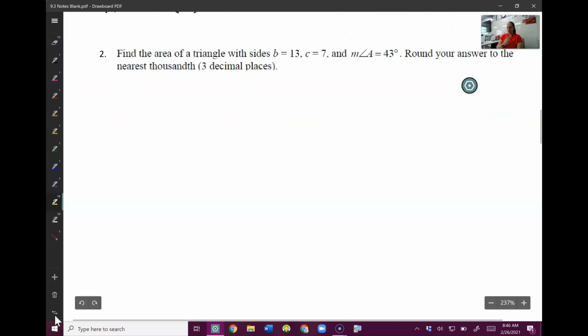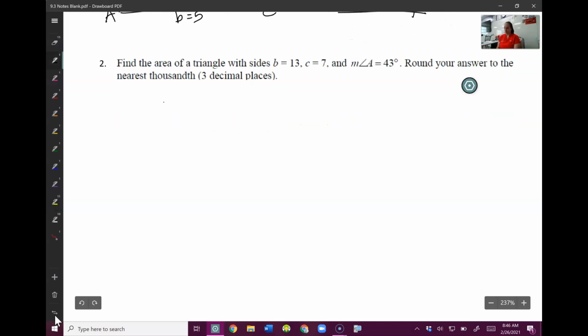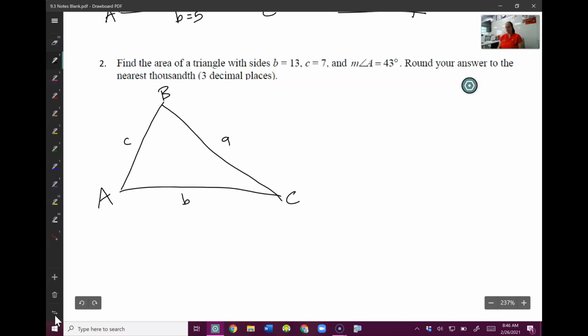So let's try number 2. Let's draw out our triangle again. A, B, C. Across from A is little a, across from B is little b, across from C is little c. This one says that little b is 13, little c is 7, and capital A is 43 degrees.